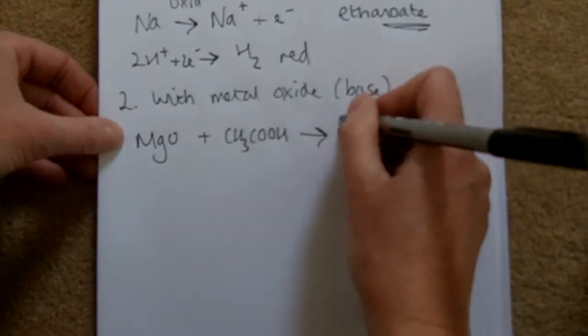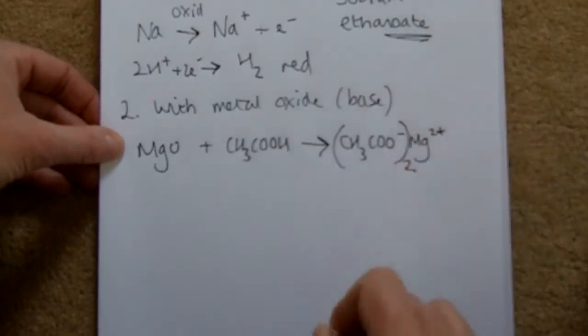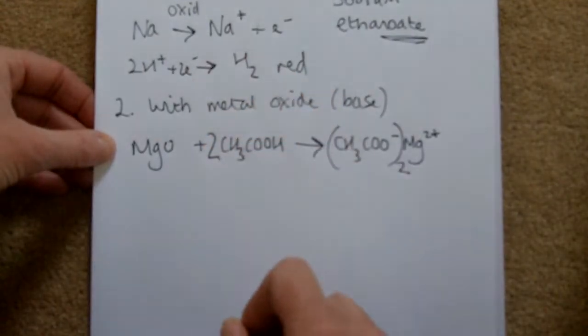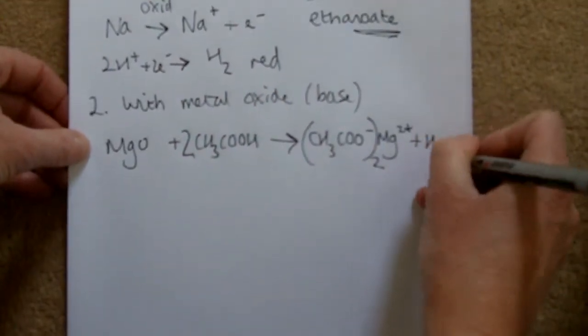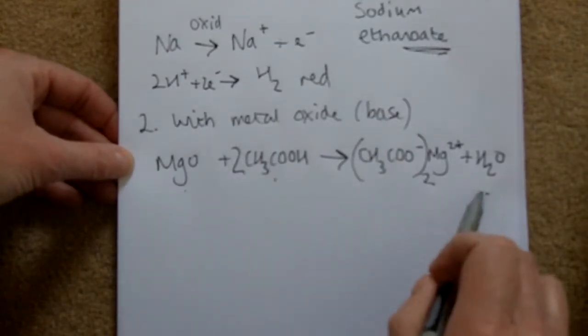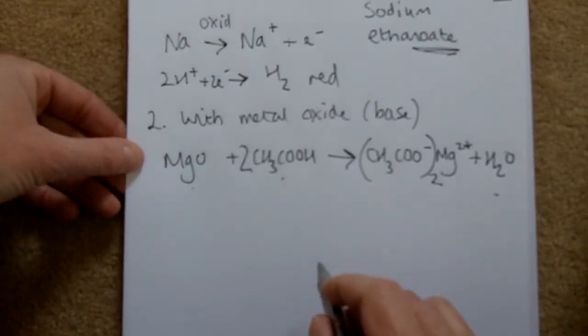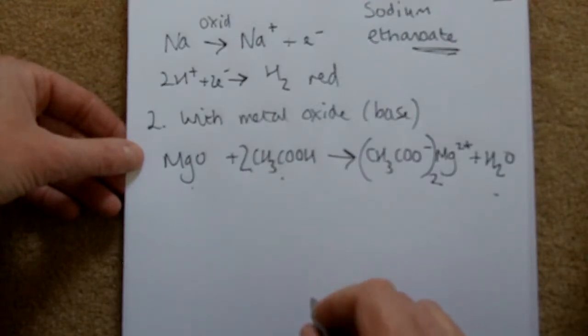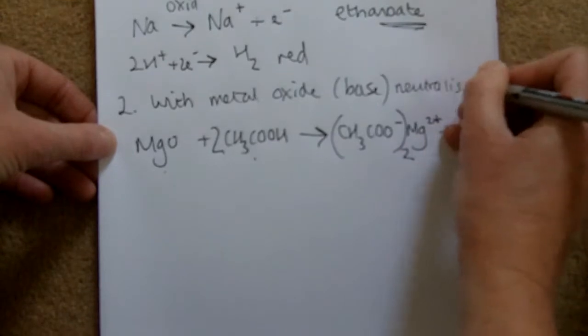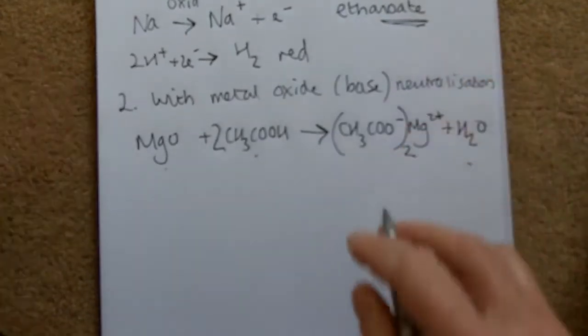So you're going to need 2 of those in order to make it neutral. So we're going to put 2 in front, and we're going to put water. A base and an acid makes salt and water. This reaction is neutralization.